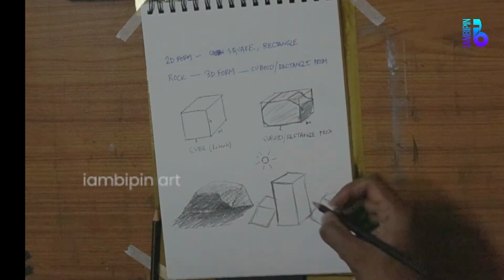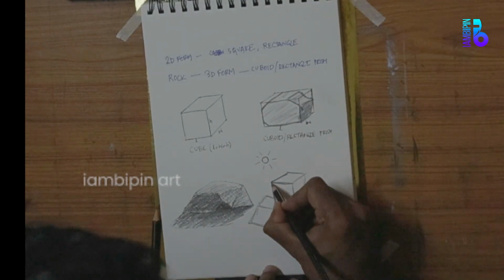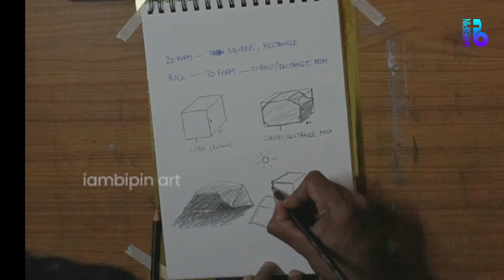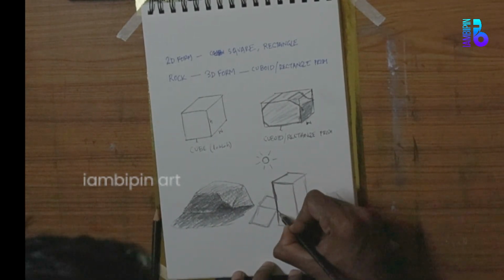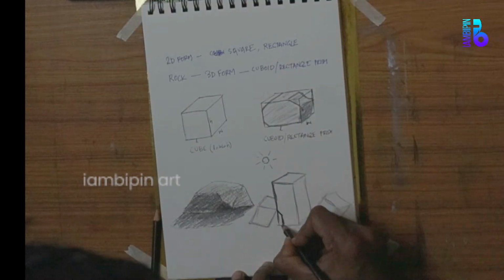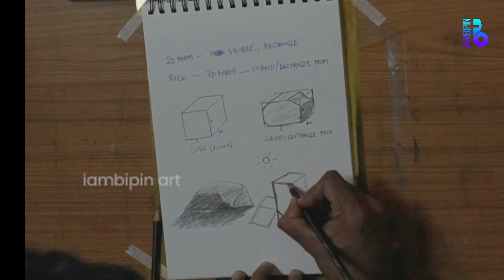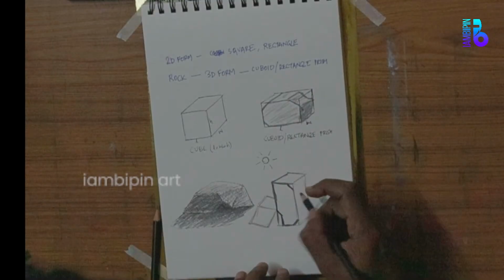So let me tell you how to create an interesting shape out of this. What you have to do is make some irregular shapes like this. Make some bends, jagged edges.